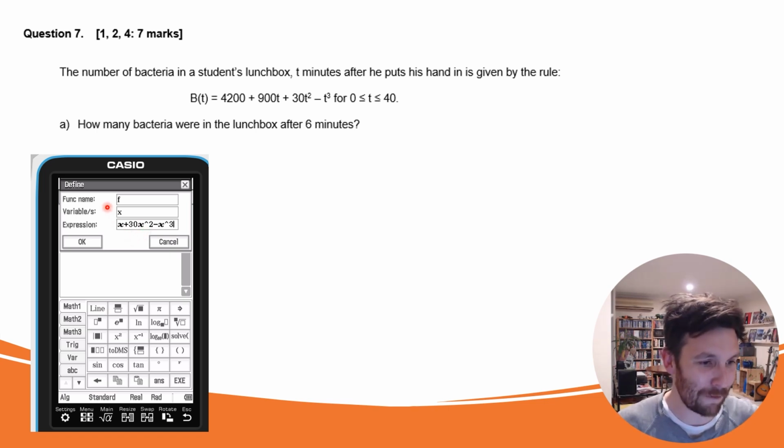And similarly for the function name, I haven't changed it to b of x, I've just left it as f of x. And all that means is whenever we calculate the outputs for any of these functions, we've just got to remember that f of x from the ClassPad is the same as b of t when we're talking about this function. Anyway, so what you do there is then enter your expression here.